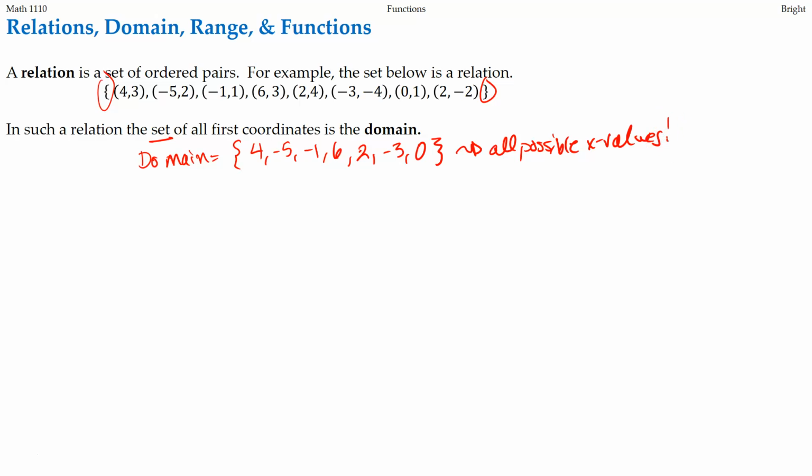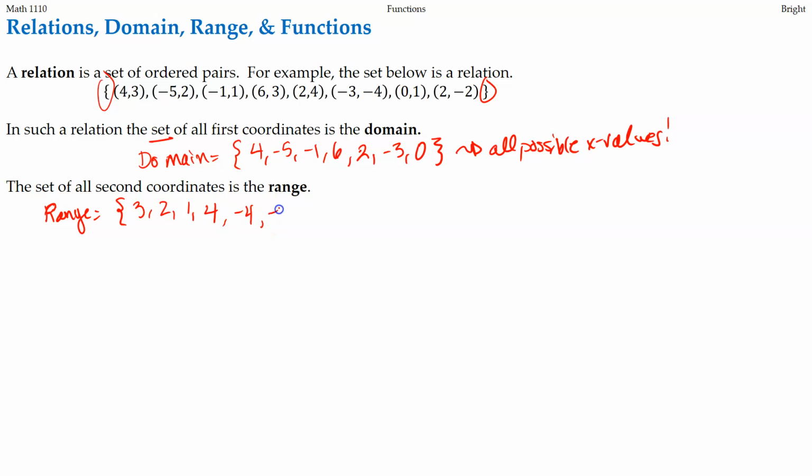If we have a set of the first coordinates, then we have a set of second coordinates called the range. The range here is going to be the set, and I would pick off all the second coordinates. So 3, 2, 1. I have another 3, so I don't write that. 4, -4. I have another 1, not going to write that, and -2.